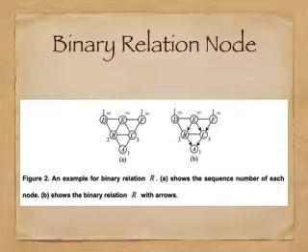So D, E, F lie in the center part, but the nodes A, B, C lie outside of the boundary, like those dotted lines. Those nodes lie between the dotted line and two solid lines, where D, E, F happen to lie inside the solid lines. So once A got sequence number 1 first, then probably B got sequence number 2, and C got sequence number 3.